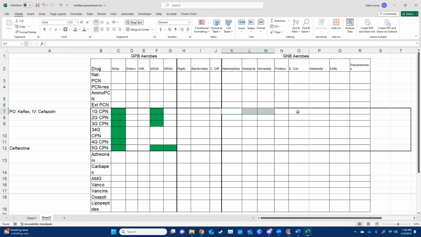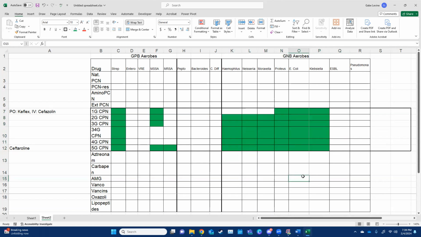No. Does the 1st gen cover spec? So staph, strep, and then Proteus, E. coli? Yes. Everything else, H&M spec.